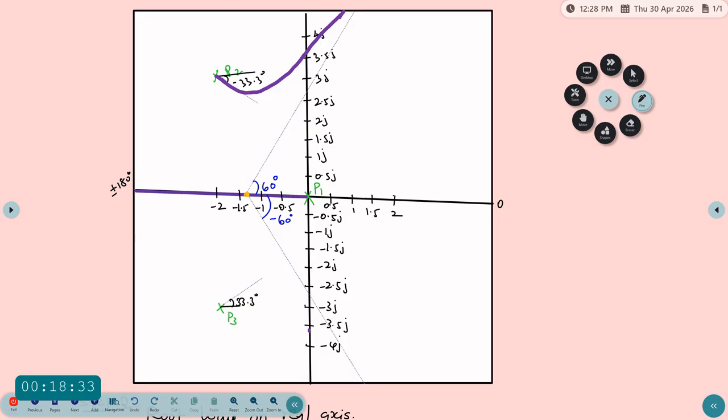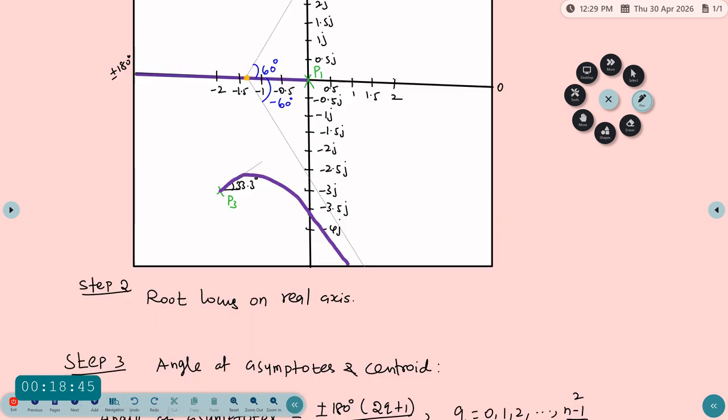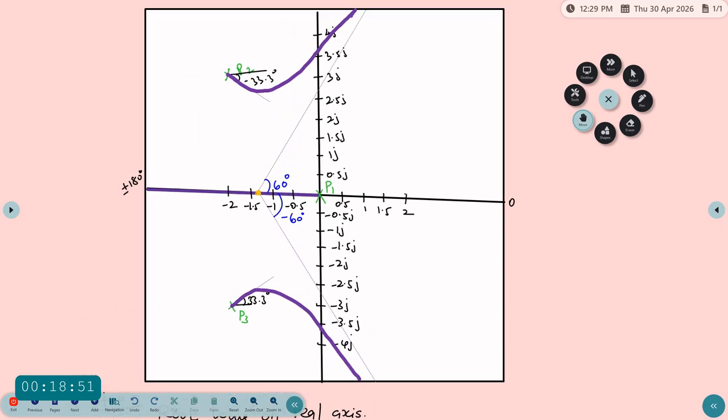Similarly, our third root locus starts from P3, releasing at an angle of plus 33.3, crossing at minus 3.6, and traveling in parallel with this 60-degree angle of asymptotes. So that's all. This is our second and third root locus.